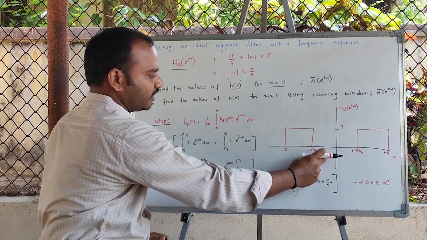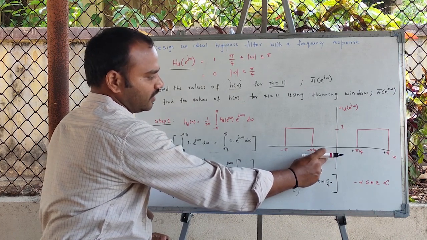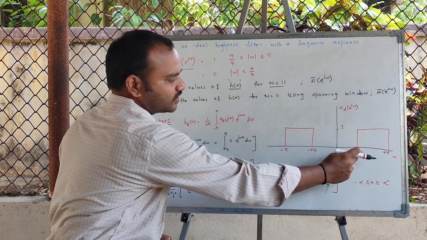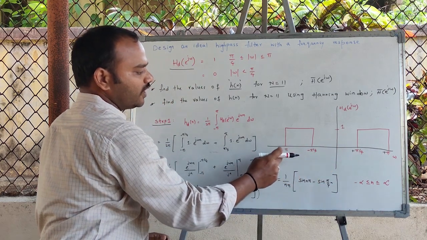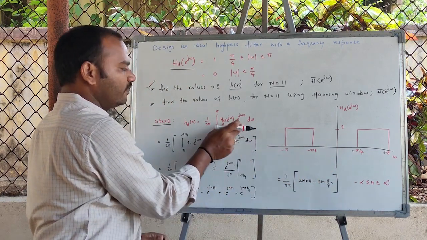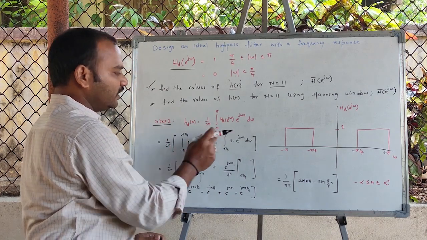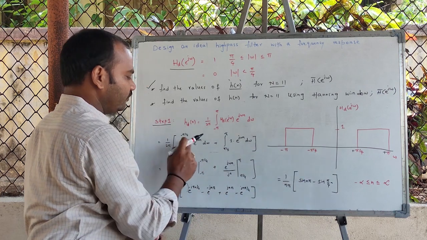Now from this figure, that is the frequency response of the high pass filter, we know that the desired frequency response exists only between plus pi by 4 and plus pi, minus pi by 4 and minus pi. So we will split this integral. 1 by 2 pi is common. Then next split the integral from minus pi to minus pi by 4.